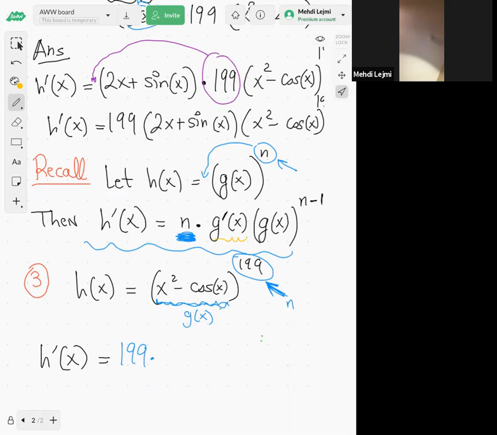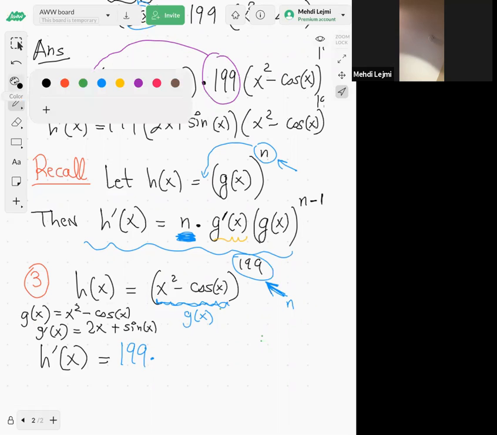This is g prime here. So what's g prime? Well, g of x is x squared minus cosine, right? So then g prime, the derivative of x squared, of course, is 2x, minus the derivative of cosine, which is minus sine. So minus minus would be plus sine, so it's plus sine of x.